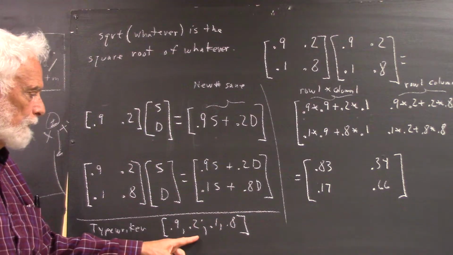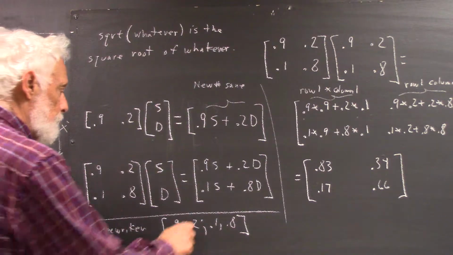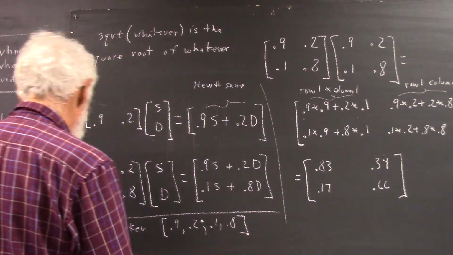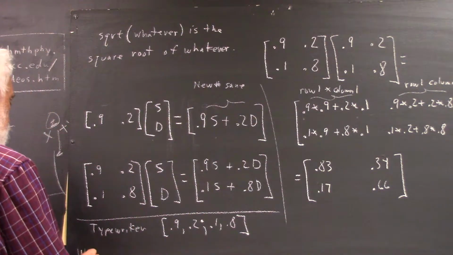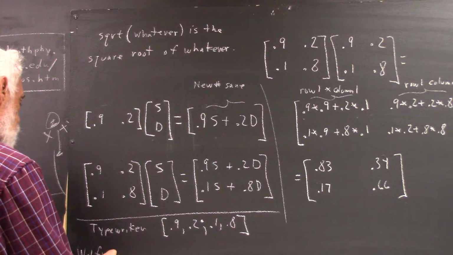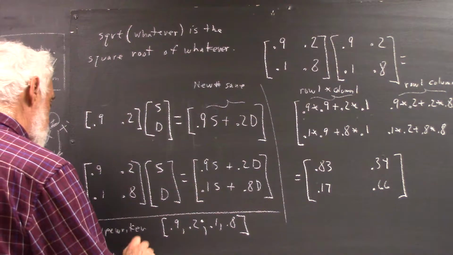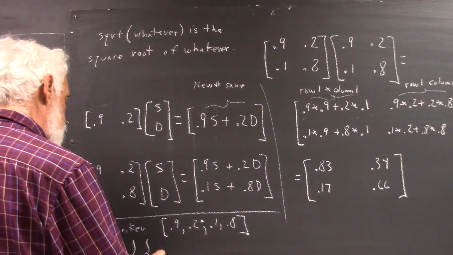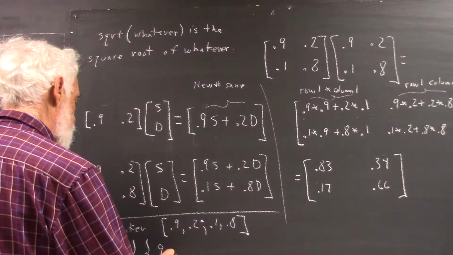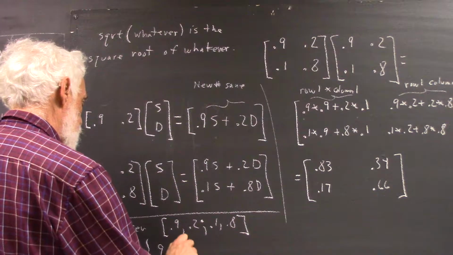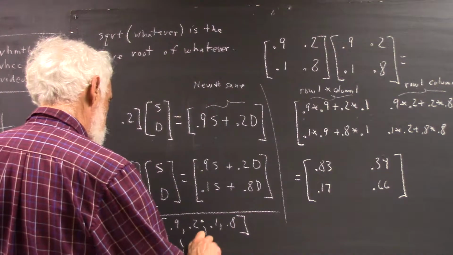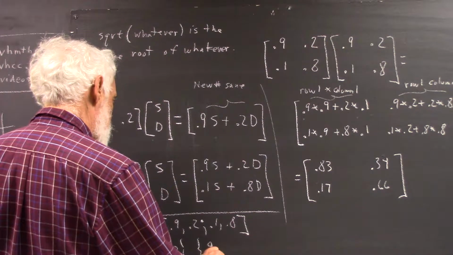Commas between numbers in a row, semicolon separating the rows. Wolfram writes it like this. No semicolons.